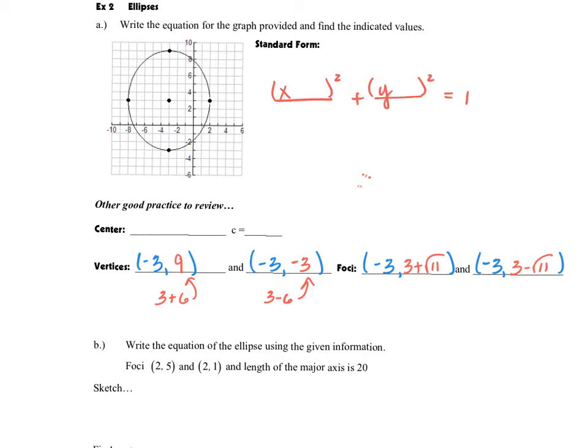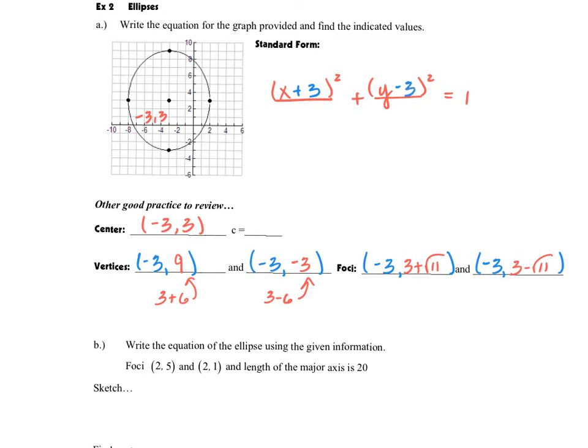Now, from there, we're going to look at our graph, and we're going to just read the center of -3, 3, which means we can actually answer the question down below, -3, 3, and we can even fill that in on our equation. So x minus the x coordinate, so that'll become a +3, and then y minus the y coordinate, so y minus 3.